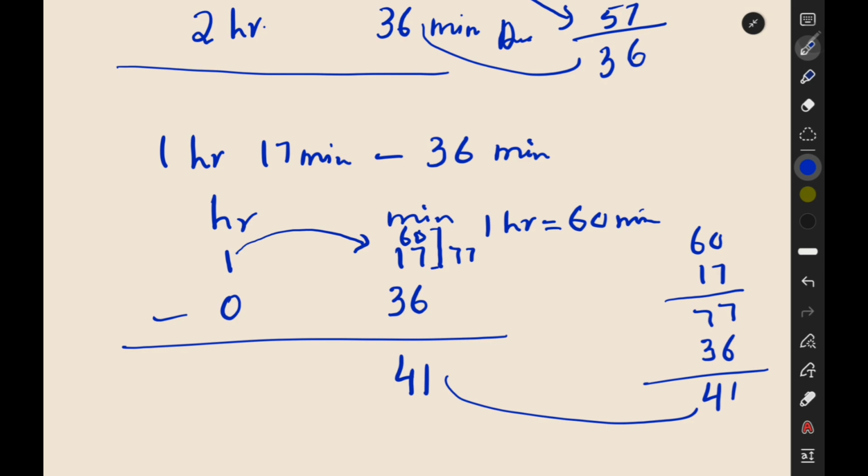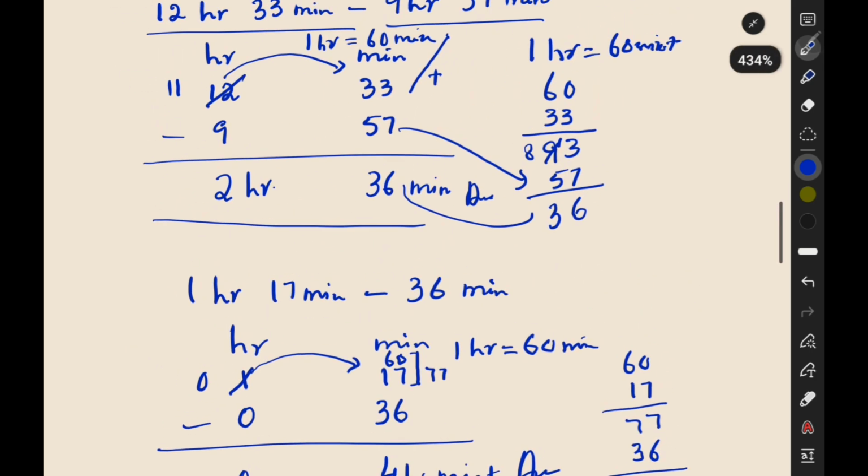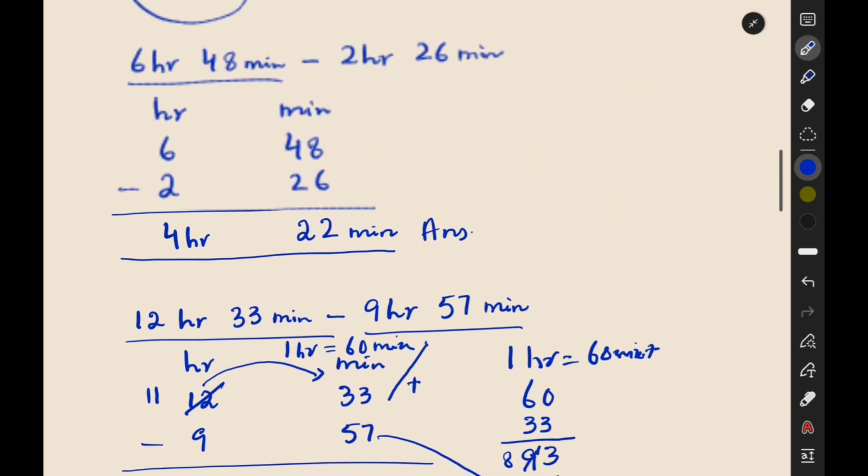And what will we write for hours? Because there is no hour left, we write 0. So 0 hours, no hours, only 41 minutes is the answer. So in this way we solve the problems of addition and subtraction of units of time.